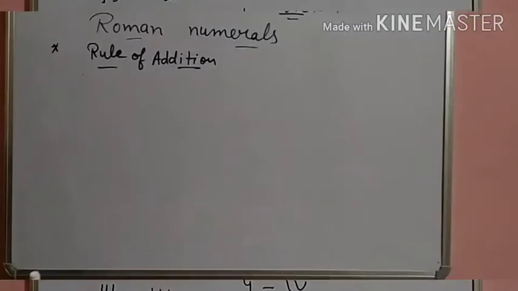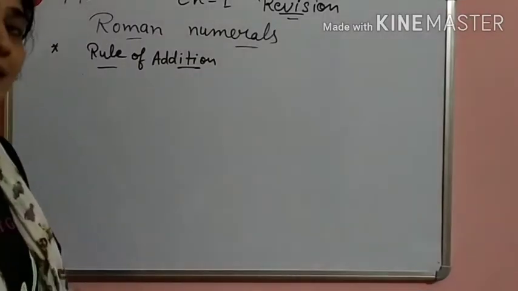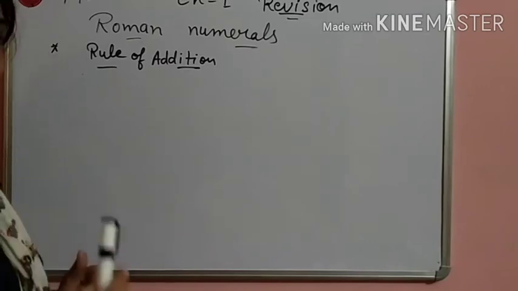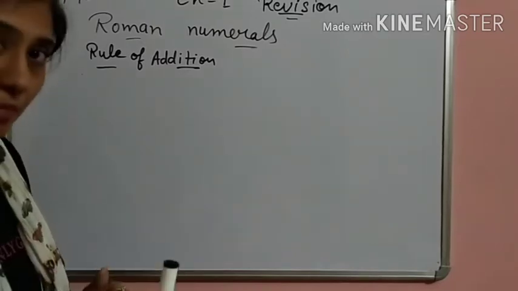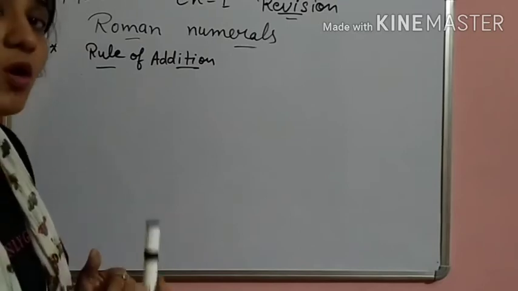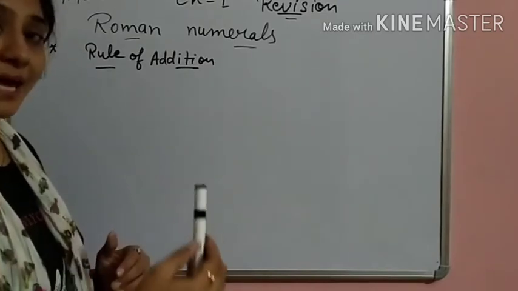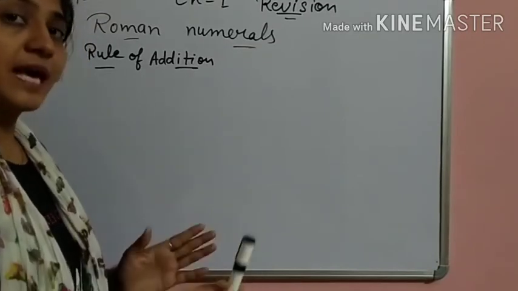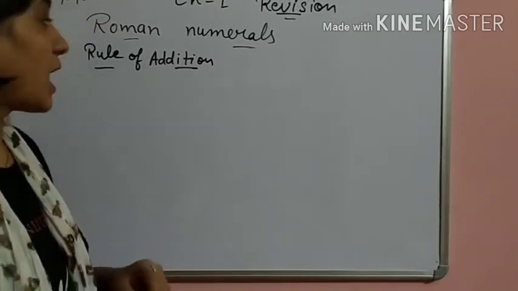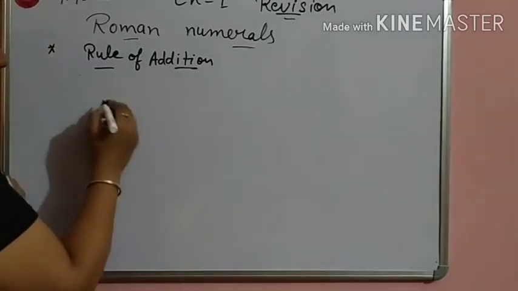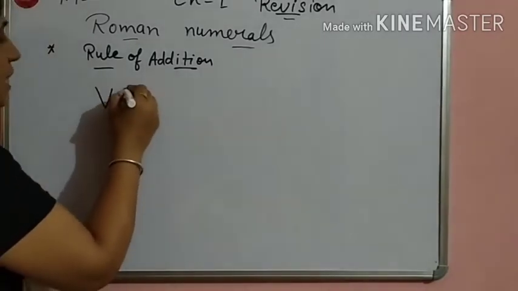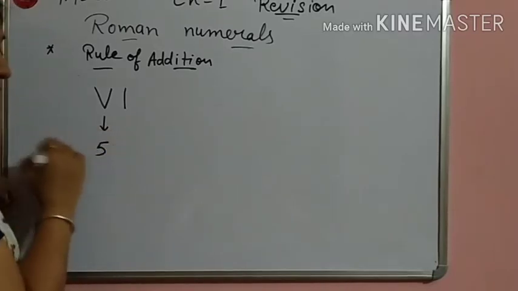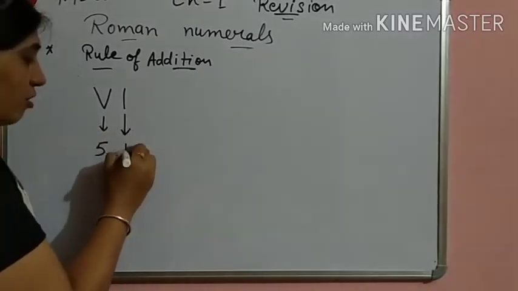Now see, the rule of addition. What is the rule of addition? According to this rule, when a smaller value symbol is placed to the right side of a higher value symbol, then we have to add them. See, I am writing VI. V stands for 5, I stands for 1.